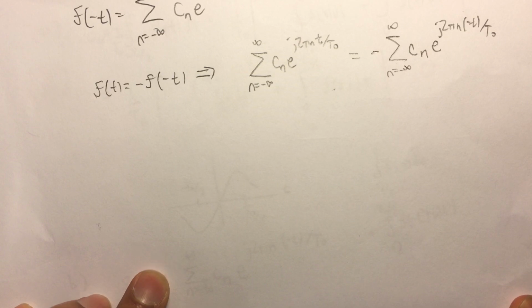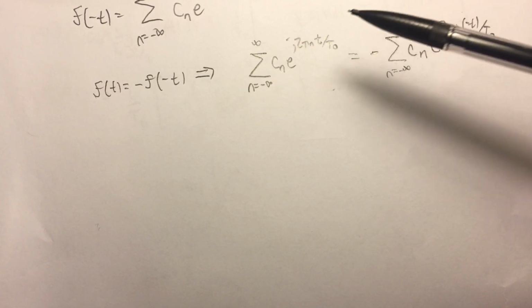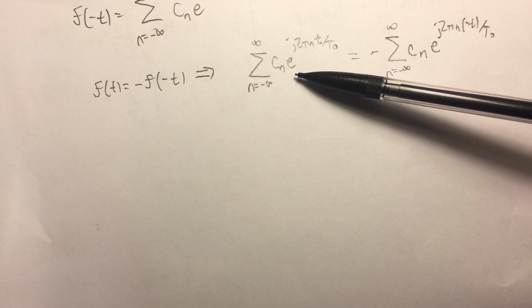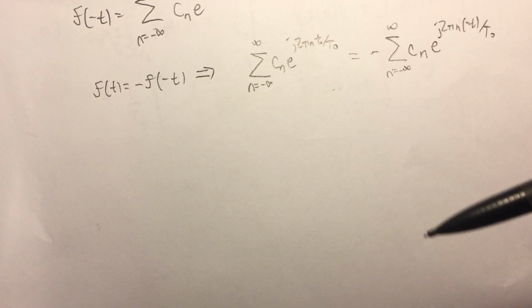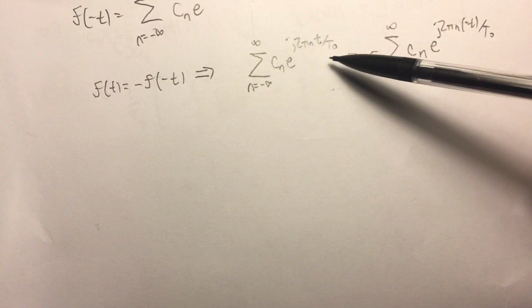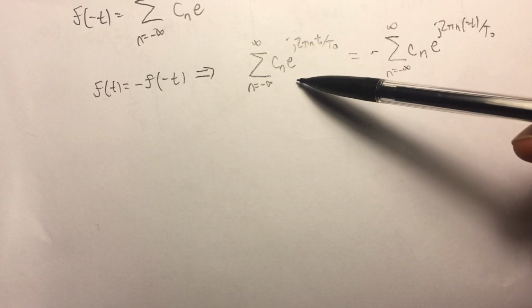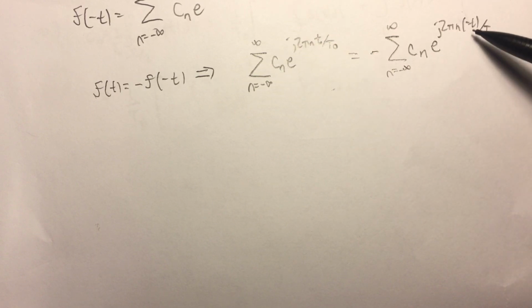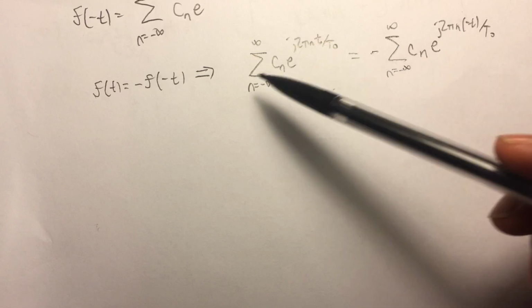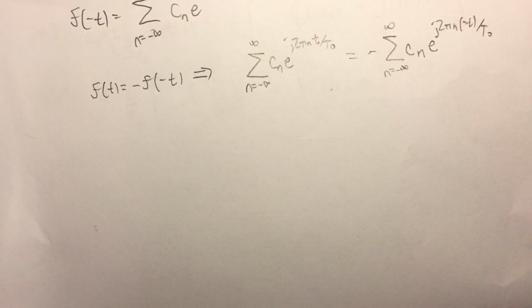Okay. And so if we want to match terms, and that's kind of what we generally do in these proofs, we can see here that let's say the n equals 1 term here is going to correspond to the n equals minus 1 term here, right? And n equals minus 1 term here would correspond to the n equals 1 term on the other side, right?